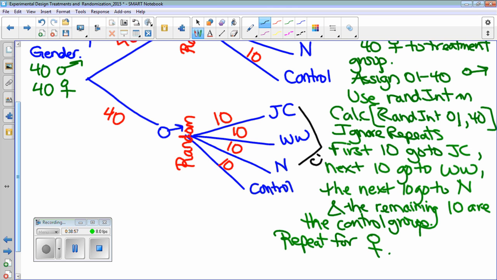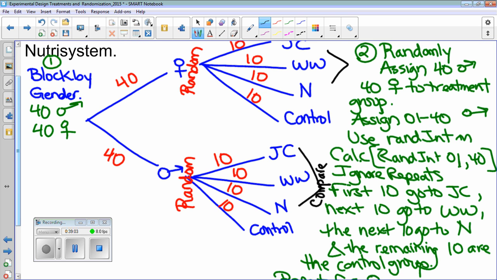I'm going to compare all the men, and I'm going to compare all the women. I can compare men to women, and sometimes you do that, but you really should compare within each block because you think that men are going to respond differently than women. That's why you block them to begin with.